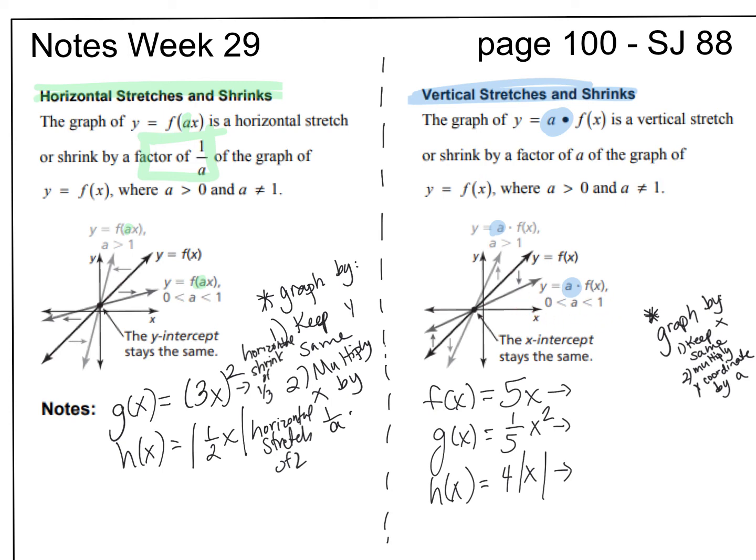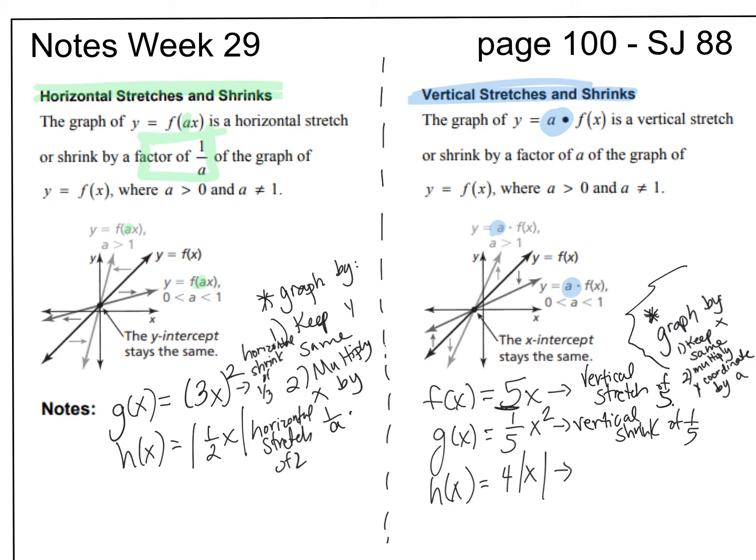So for this first one, f of x equals 5x, this is a vertical stretch of 5 because 5 is greater than 1. For g of x, this is a vertical shrink of 1/5.